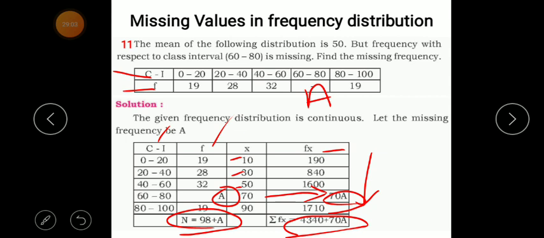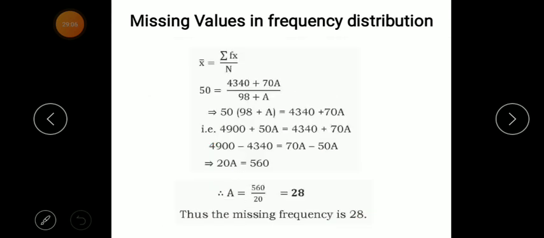Now again the same formula you have to use. Mean is equal to summation fx divided by summation f. You can use summation f if you want, which I normally prefer. So substitute whatever values you know. Mean you know is 50. Summation fx is 4340 plus 70a, divided by summation f, which is 98 plus a. 98 plus a goes here, so 50 multiplied by 98 plus a is equal to 4340 plus 70a.